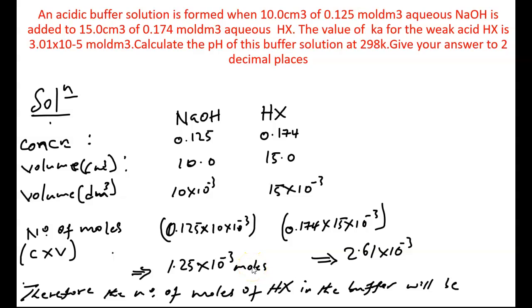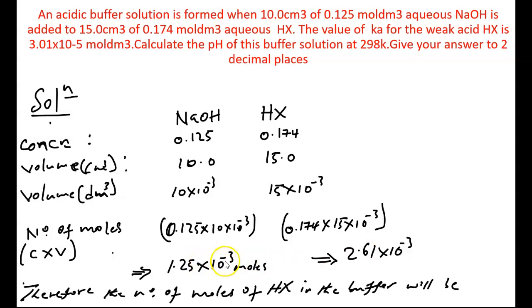Okay, now what about the weak acid? The concentration is 0.174, multiplied by the volume, 15 × 10⁻³, and that should give us 2.61 × 10⁻³ moles.